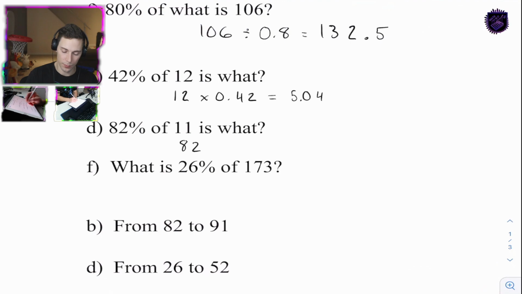Next, 11 times 0.82. That's going to be 9.02.